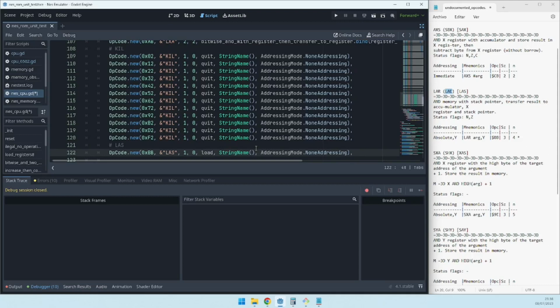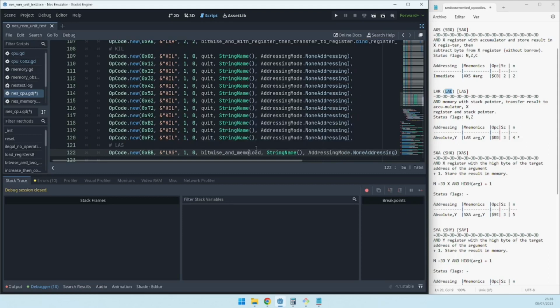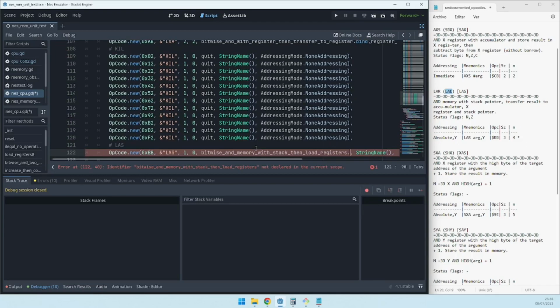Sorry. Bitwise and memory with stack, then load registers, and we are going to pass an array of registers.